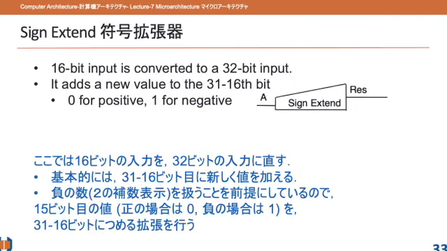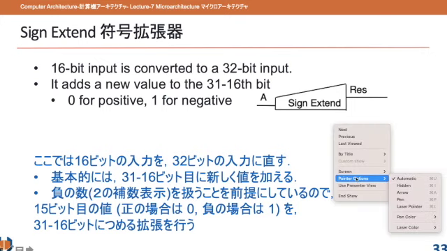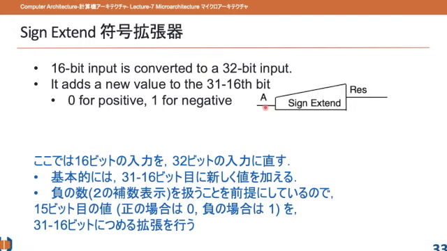The second one is the sign extend. So this is also a combinational part. The input takes 16 bits and it converts to 32 bits by adding the extension. So be careful about the positive and the negative.